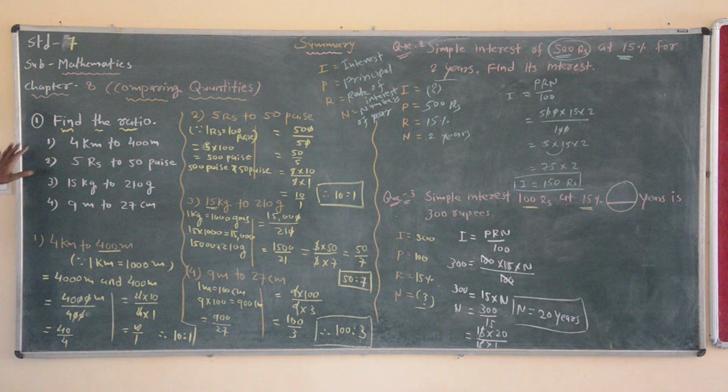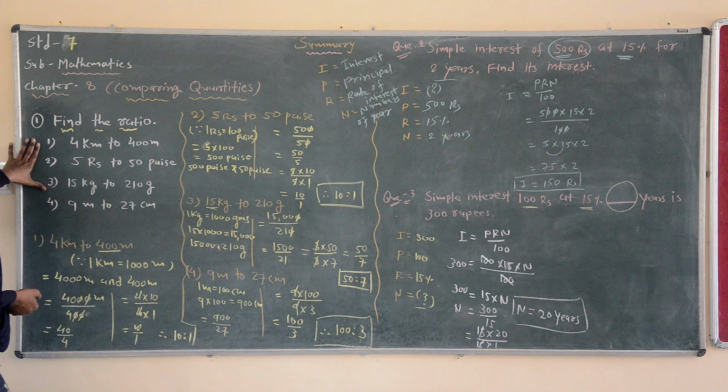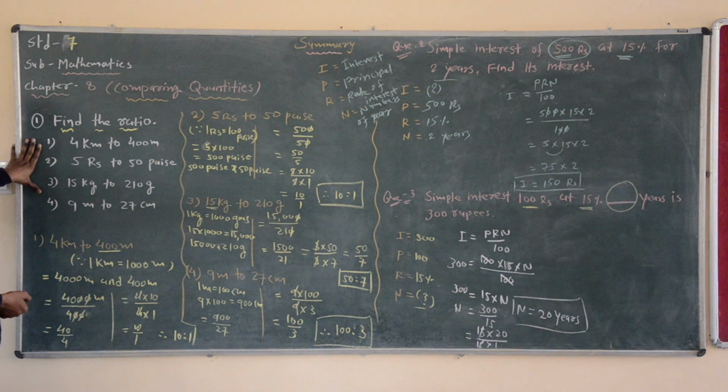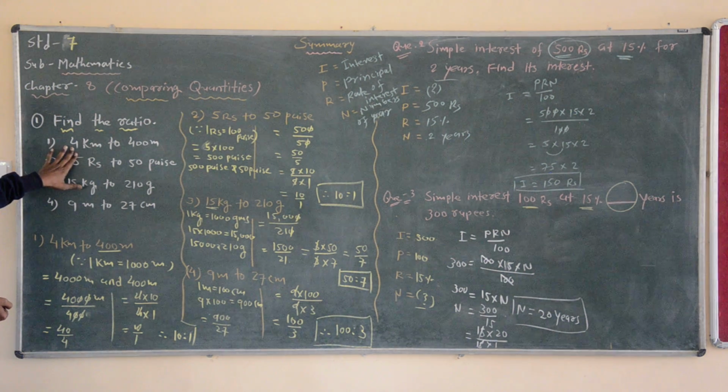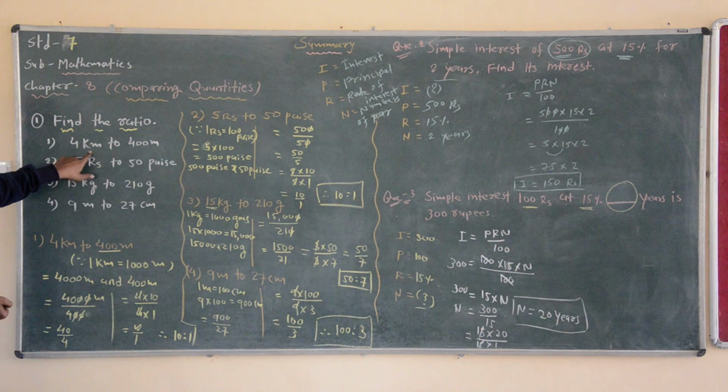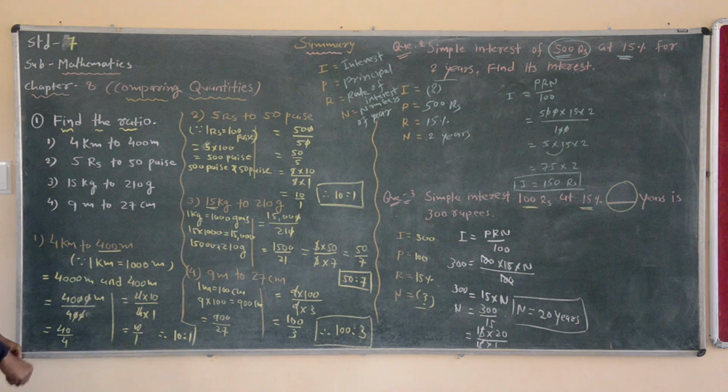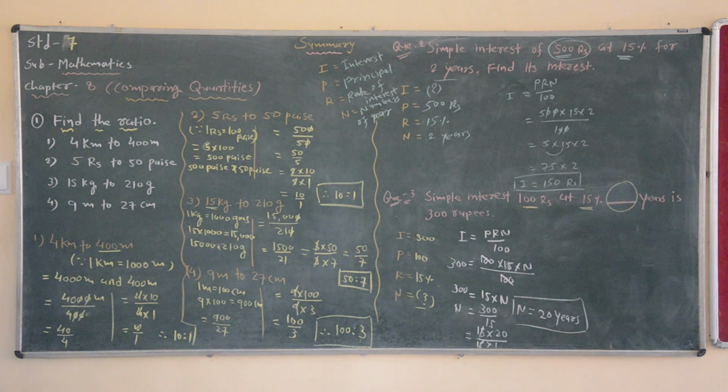These are our sums, and how can we find the ratio between particular quantities? The first is 4 kilometer to 400 meter. The second sum is 5 rupees to 50 paisa. The third one is 15 kilogram to 210 grams. The fourth one is 9 meter to 27 centimeter.